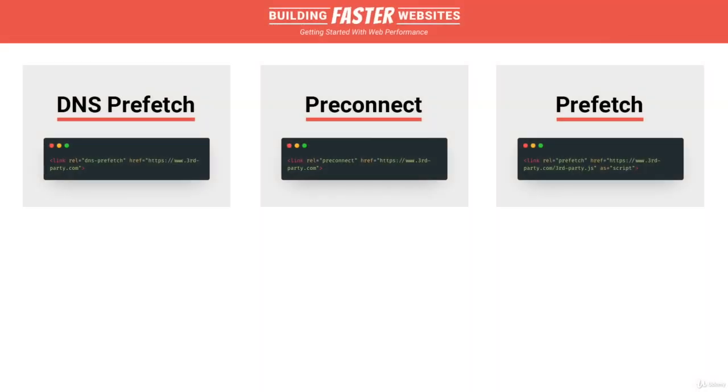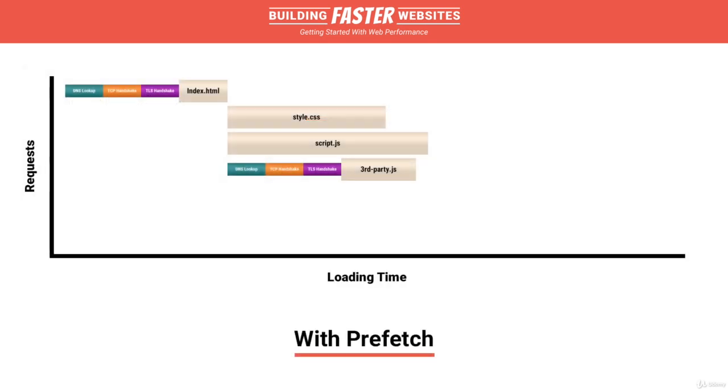If we know we'll definitely need a resource later in the loading process, we can tell the browser using a prefetch resource hint that it should download and cache the file in preparation. This could be CSS, JavaScript, or even a HTML document. Anything that's cacheable really. However, this resource hint isn't definitive.